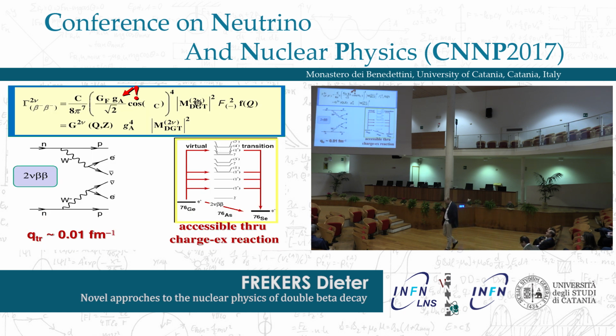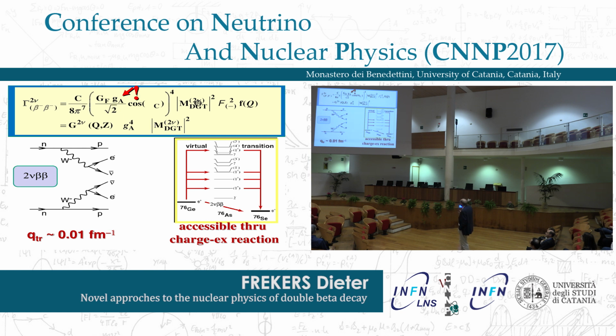The thing I want to stress here is, again, that 2-neutrino double beta decay is a low momentum transfer phenomenon. That means it is related to ordinary beta decay, and it is a sequence of 2 beta decays. Because of that, it is accessible through charge exchange reactions.